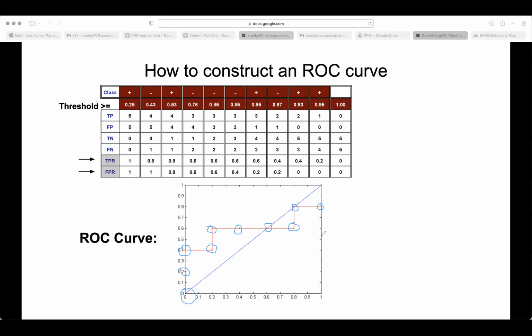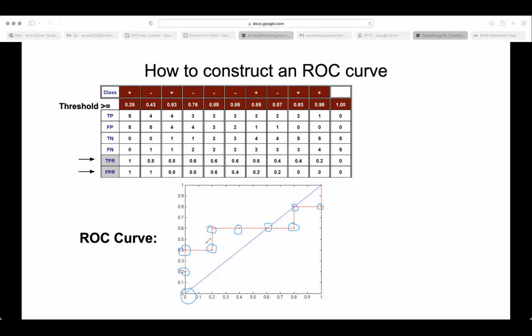Here it is a step function type you are getting, but still you can see under this curve, are you getting more area than the random diagonal? See, are you getting more than half the area under this red curve in this rectangle? Yes. So somewhat better, this ROC curve shows whether we are getting signal or not.